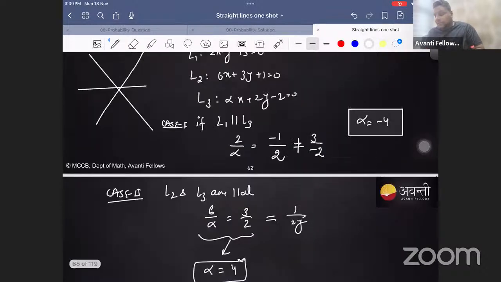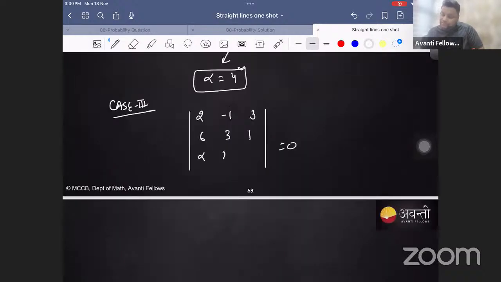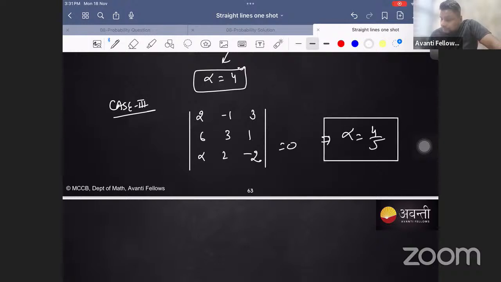And the coefficients of the third line are alpha, 2, minus 2. This is 0. Now you solve it for alpha to get the value, and let me tell you, this alpha from the determinant method will come out to be 4 by 5. Got it?